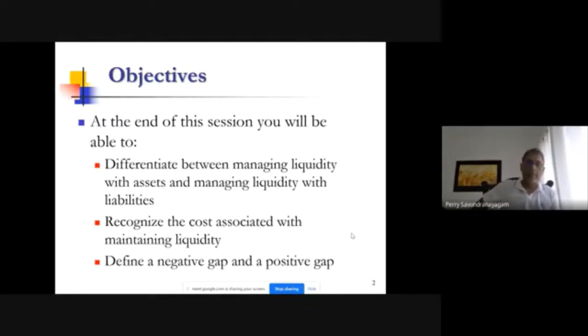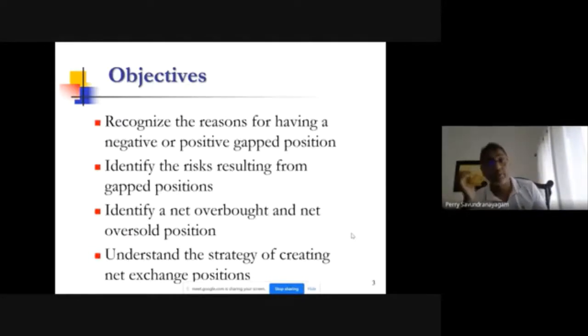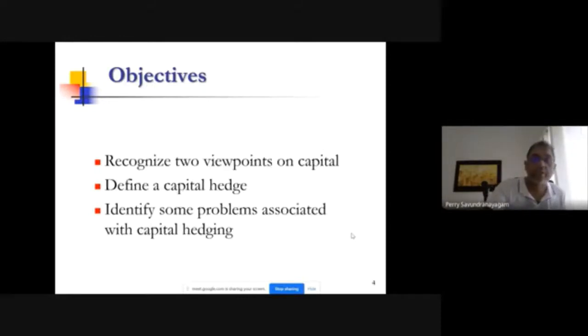So the objectives: differentiate between managing liquid assets and managing liquidity liabilities; recognize the costs related to that; figure out what a negative gap and a positive gap are; recognize the reasons for those gaps and the risk coming from them; overbought and oversold positions, especially in foreign exchange; and the strategy of creating a net exchange position. Then capital and capital hedging, etc.